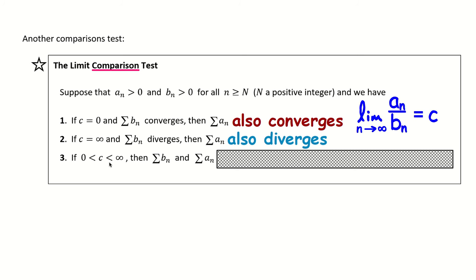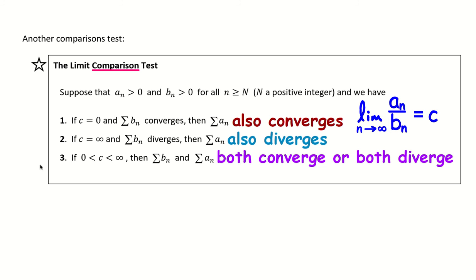All right? Now, I know it gets even more convoluted, but this is actually good news here, number 3. If you get any other answer between 0 and infinity, if you get a limit of 2 or 1/3 or whatever, then guess what? Whatever your comparison series does, yours does. If you end up with this kind of limit, anywhere in between 0 and infinity, your series is going to do whatever the comparison series does.